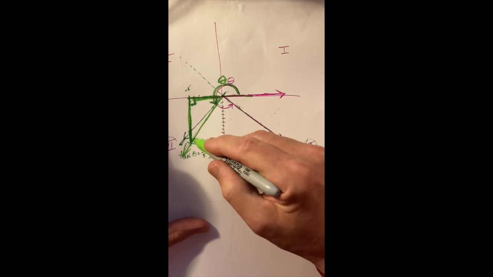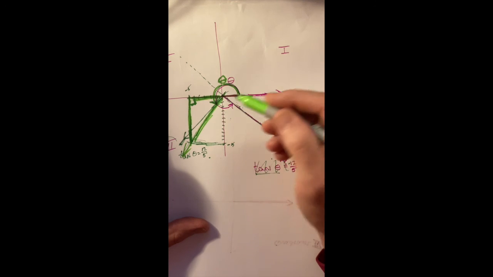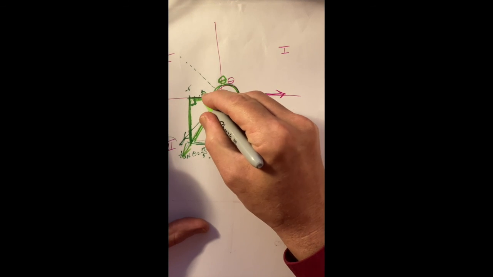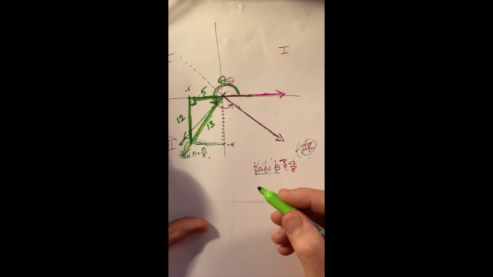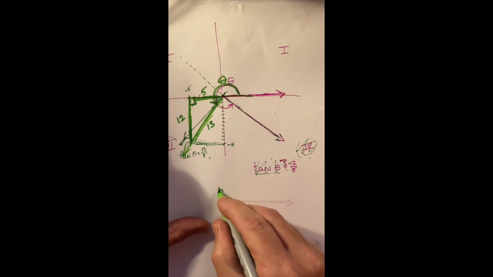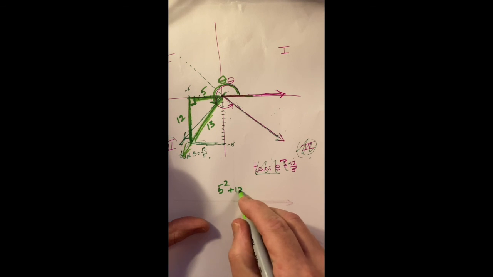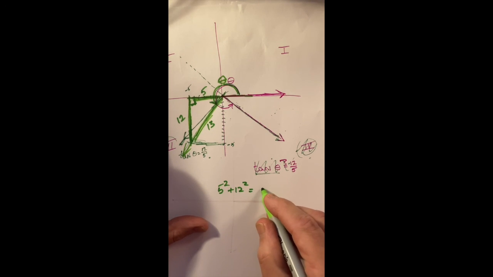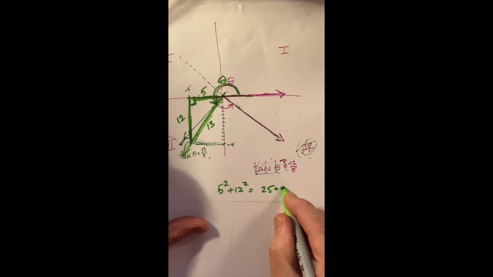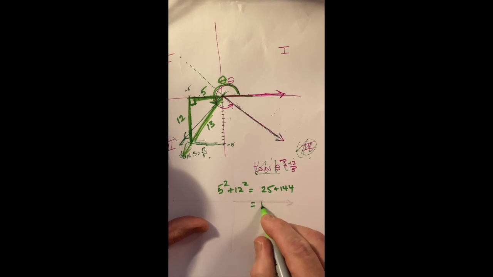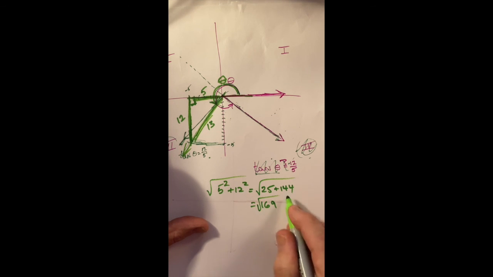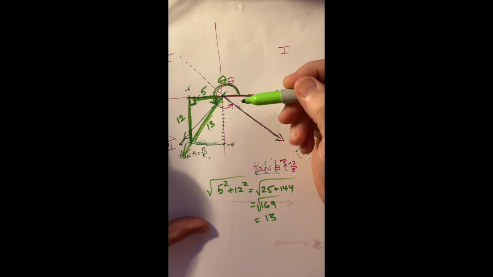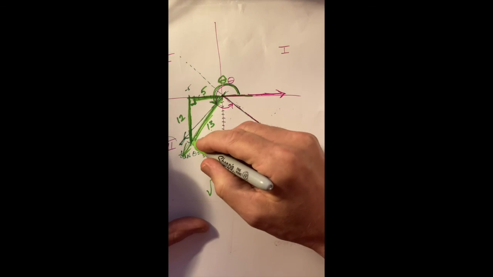Now the question is, what's this here? Well, for those of you who don't recognize it, it's another Pythagorean triple. This has to be 13. That's because 5 squared plus 12 squared is equal to 25 plus 144, which is equal to 169. If I take the square root of all of that, that's 13. The radius has to be positive, so this is 13.